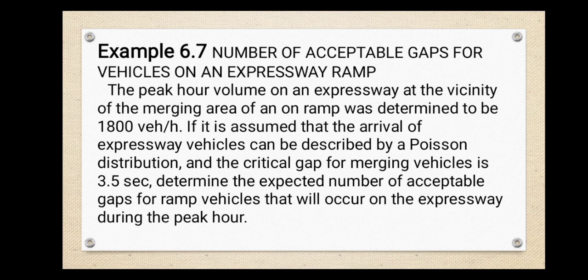If it is assumed that the arrival of expressway vehicles can be described by a Poisson distribution, and the critical gap for merging vehicles is 3.5 seconds, determine the expected number of acceptable gaps for ramp vehicles that will occur on the expressway during the peak hour.